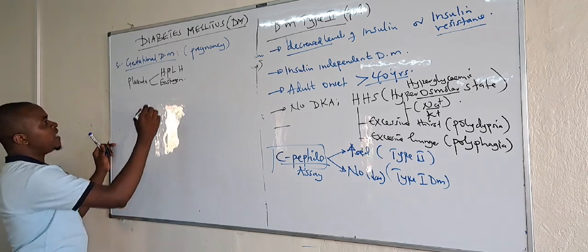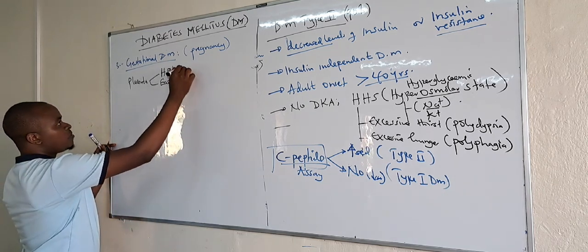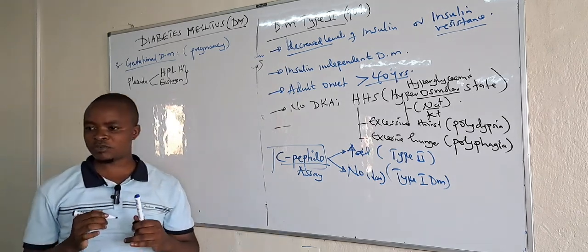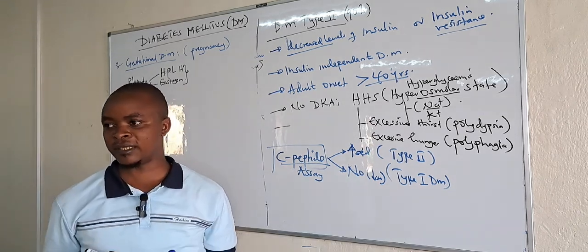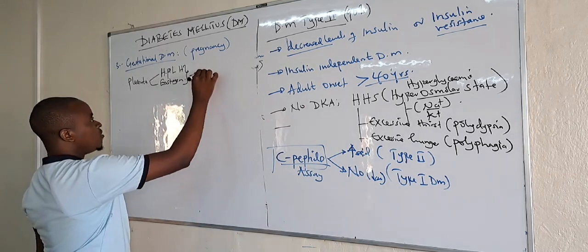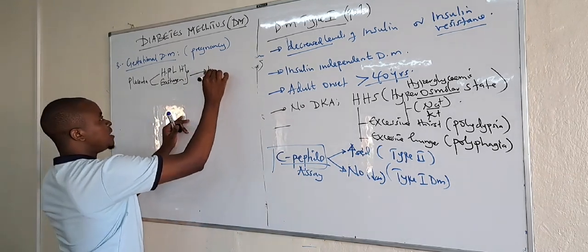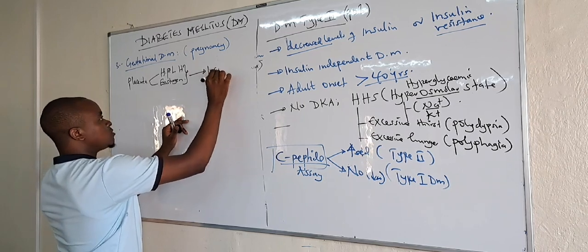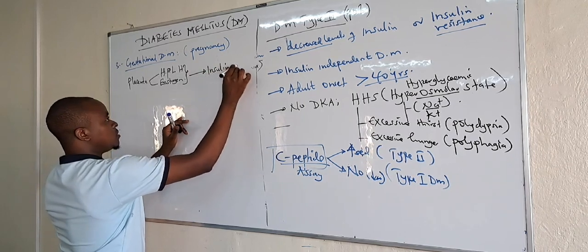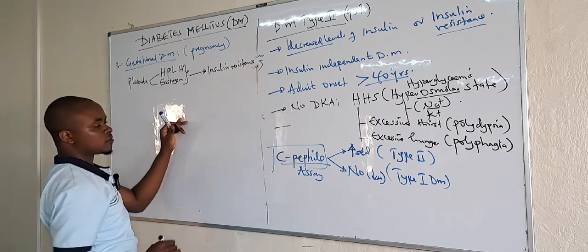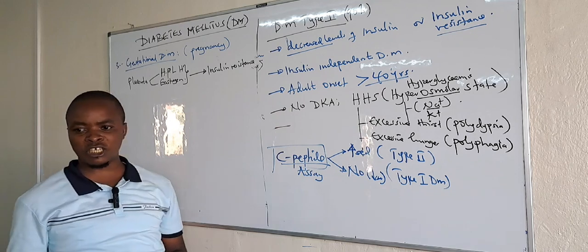So increased levels of human placental lactogen and estrogen produced by the placenta during pregnancy are the ones responsible for inducing insulin resistance.